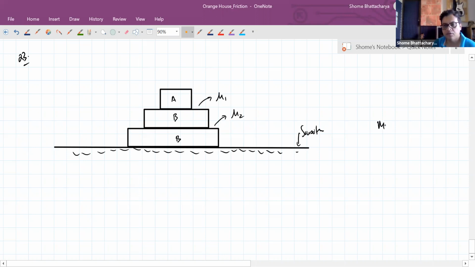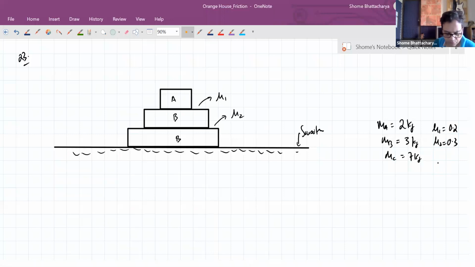So given that mass of the block A is 2 kgs, mass of the block B is 3 kgs, and the mass of the block C is 7 kg. Mu1 is 0.2 and mu2 is 0.3. So we'll do one of these parts here.